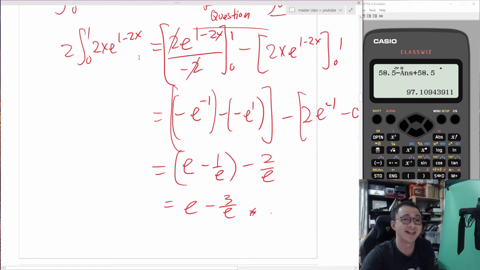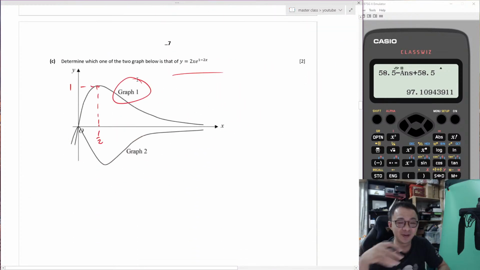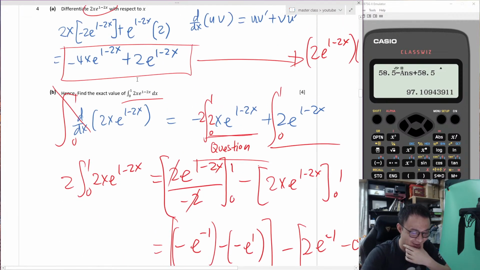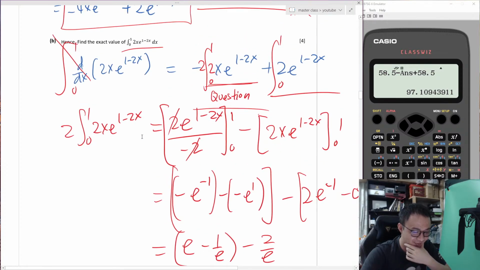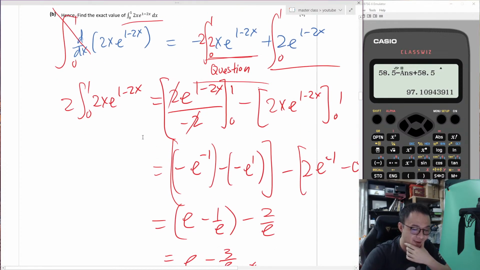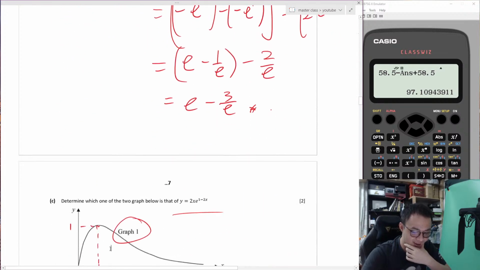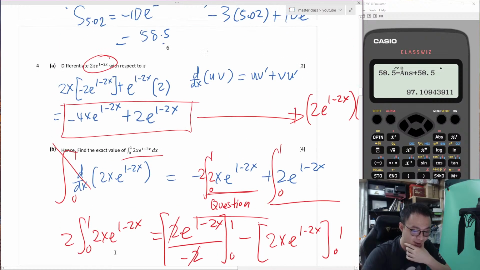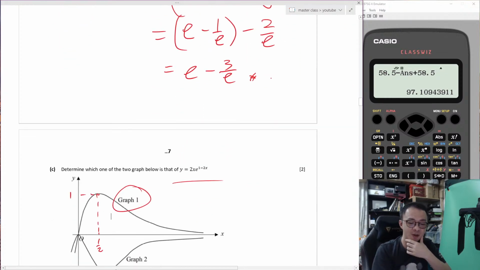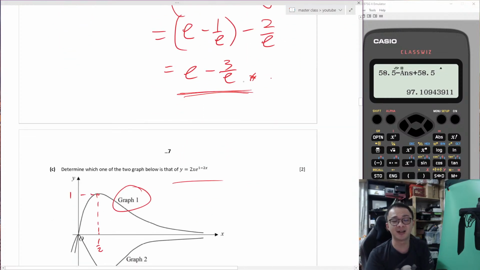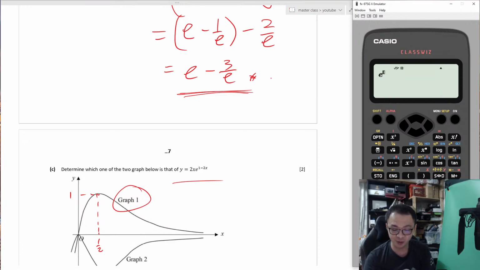Okay, you can use any method which you find useful. I'm not sure what I'm talking about here. My brain just cannot think of it. Maybe we can think like, because we integrate, is it the same equation? Yeah, it's the same equation here, isn't it? Since it's the same equation, you can still check this value. If this value is positive, then it's just graph 1, because graph 2 will give you a negative area. So over here, you can just do e minus 3 over e.